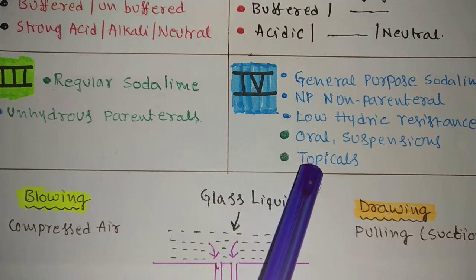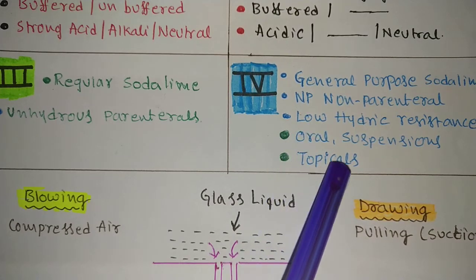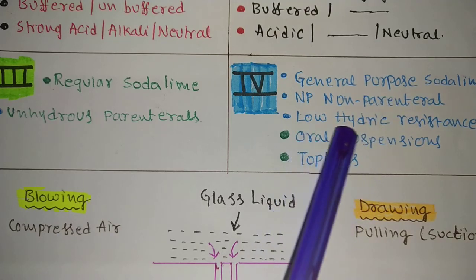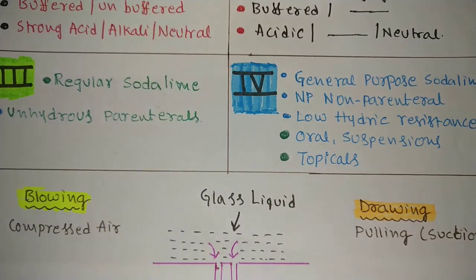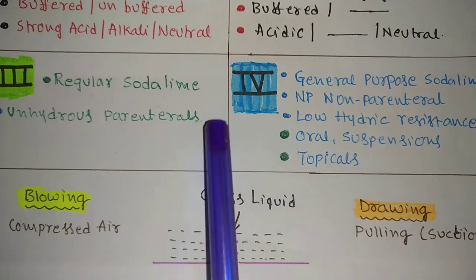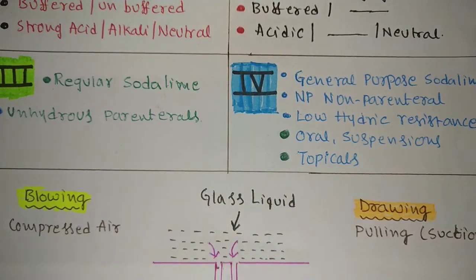So type 4 can be used except for the parenteral route: oral and topical routes. That's why it is called non-parenteral glass. It has low hydrolytic resistance, opposite to that of type 1 glass. So all type 4 glasses and their uses are important in the examinations.